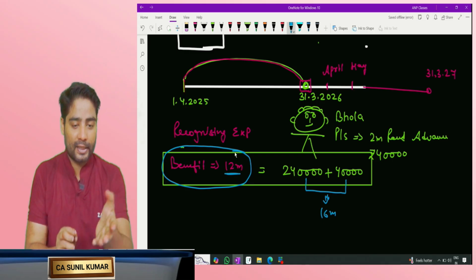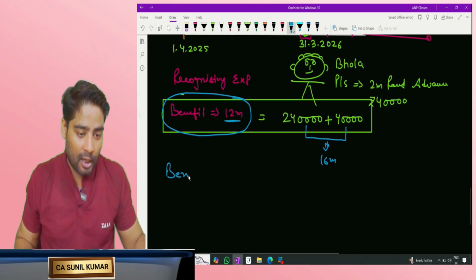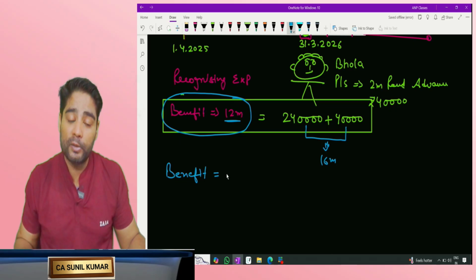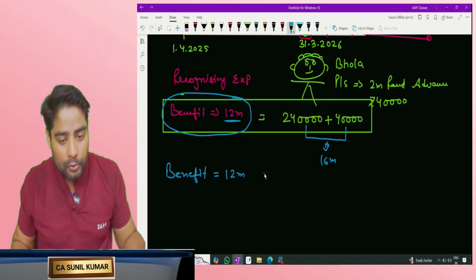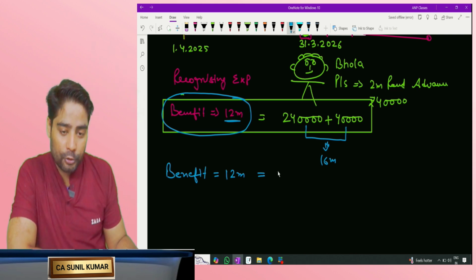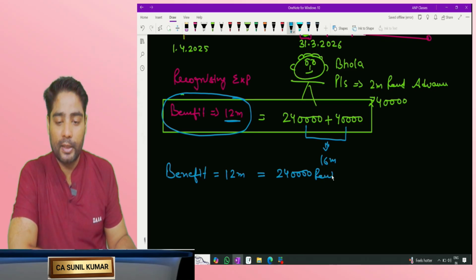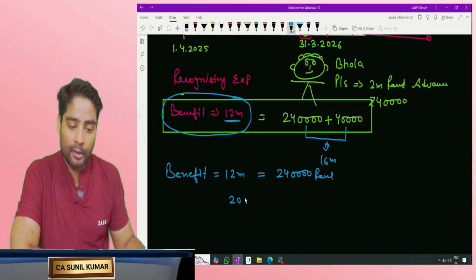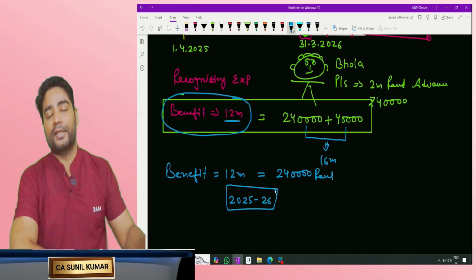I have taken benefit for 12 months. So how much rent should I recognize? Sir, you should recognize 2,40,000 rent in the current year of 25 to 26. This is the matching concept.